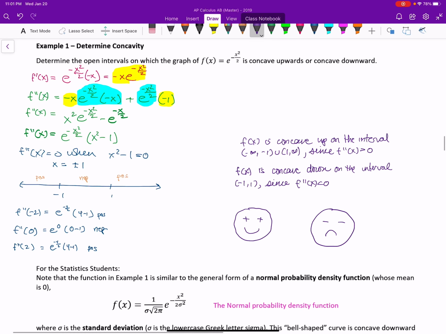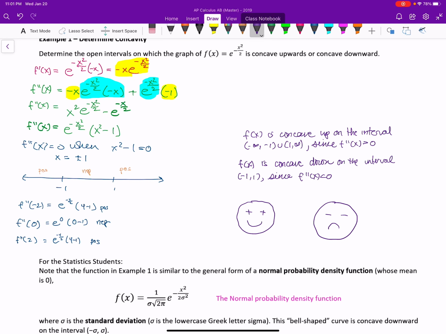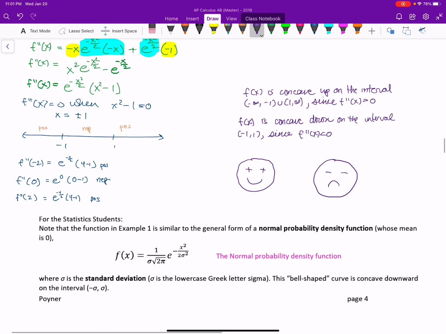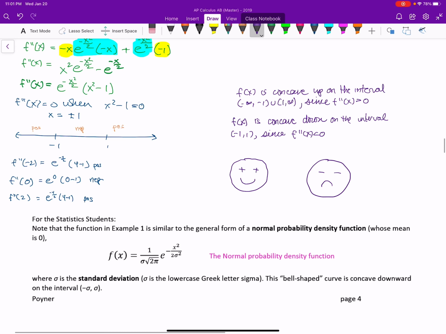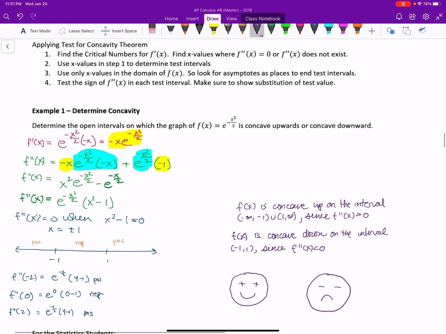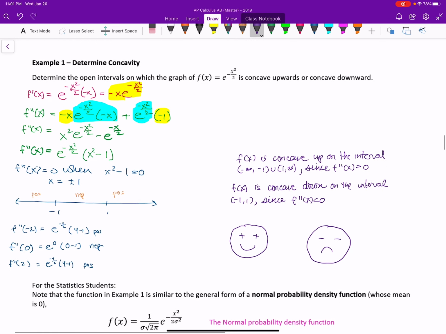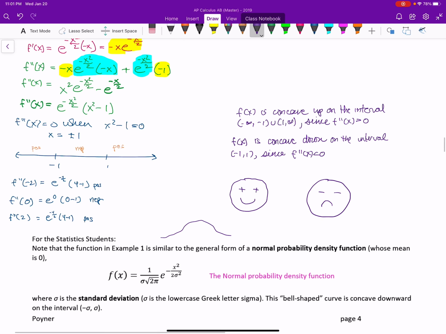For those of you taking stats, this particular function is very close to the normal probability density function. I taught stat for many years, so those of you who are not taking stat, it doesn't really matter so much. Just know that if I drew this on a graph, and you can try it, it's going to give me a bell curve. Here it just has a coefficient and a slight difference, like this right here is the standard deviation, for example.